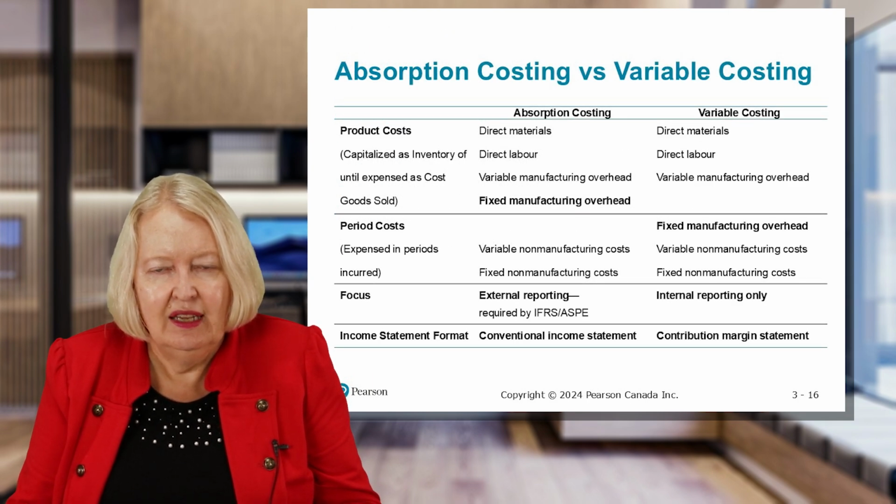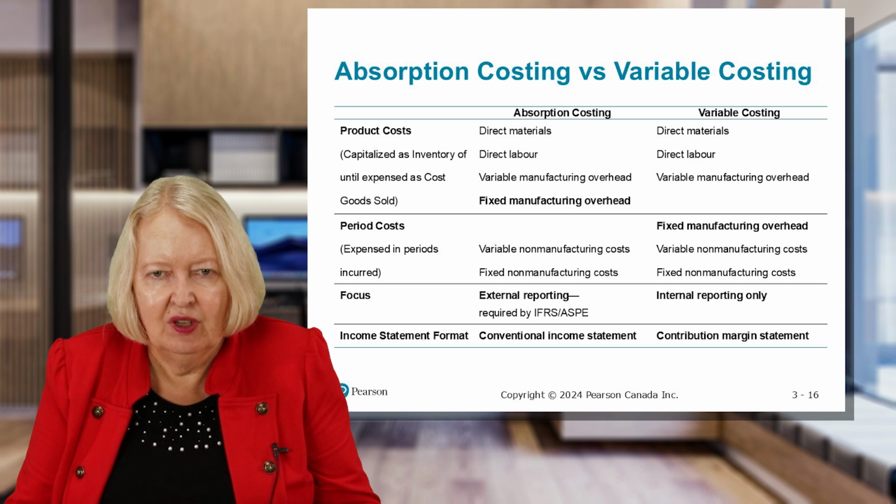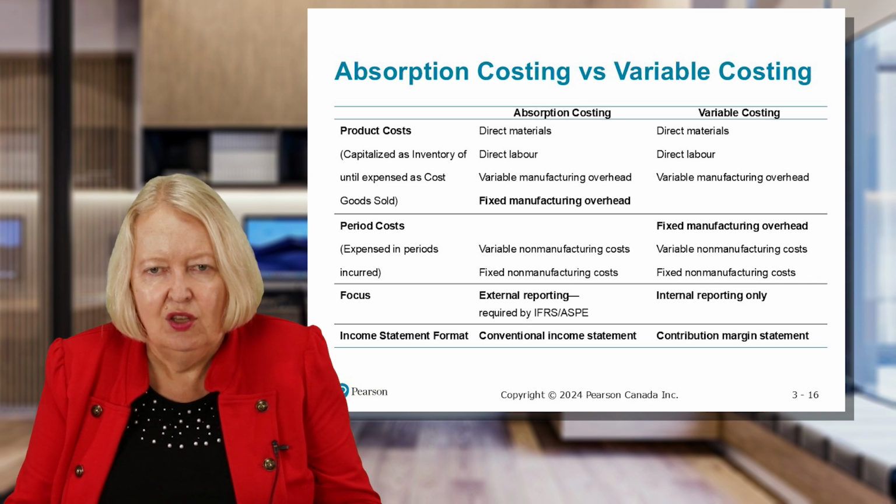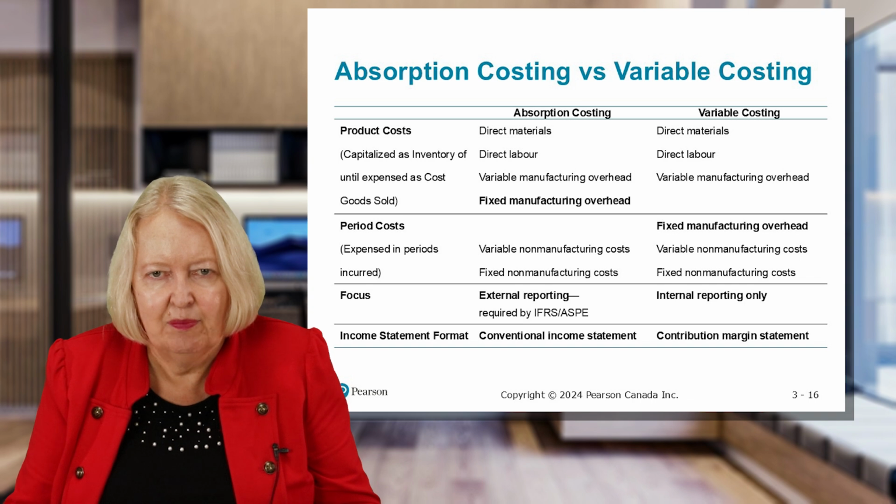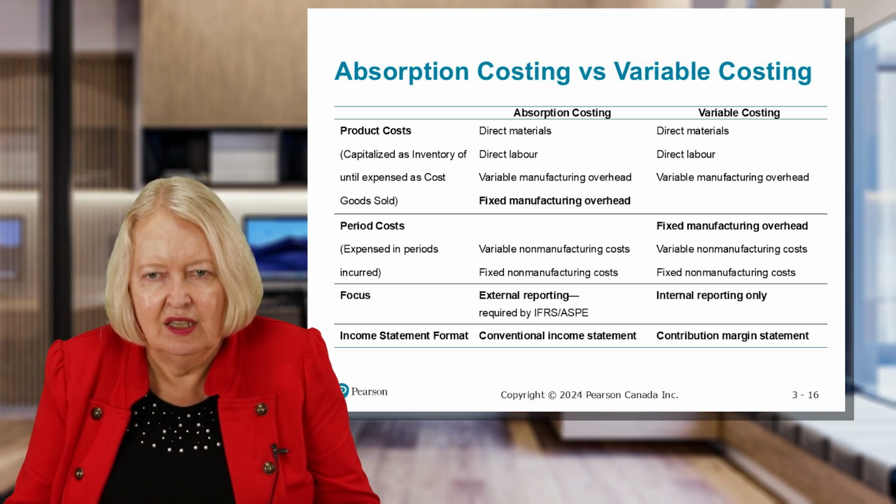So that would be what you would do for your traditional income statement. Again, this is just another way to think about your absorption and variable costing. When you look at your categories, materials are the same, direct labor is the same, variable manufacturing overhead is the same, but for absorption, you are including the fixed manufacturing overhead as part of the product cost, whereas under variable costing, it's over here as a period cost.